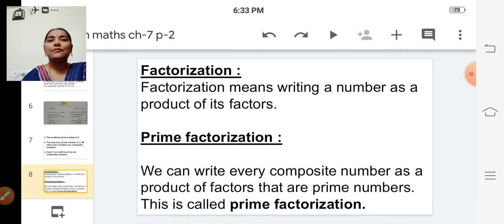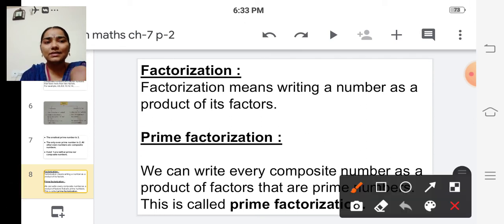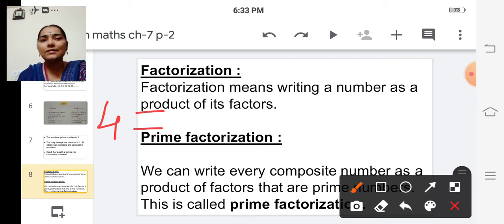So the next one is factorization. Factorization means writing a number as a product of its factors. So if we take 4, then we can write 4 as a product of its factors. What are the factors of 4? 1, 2, 4, isn't it?